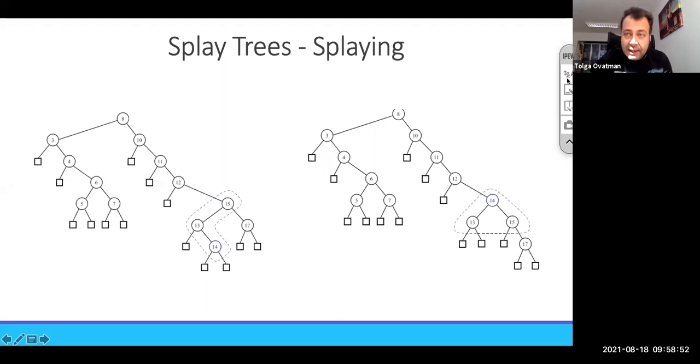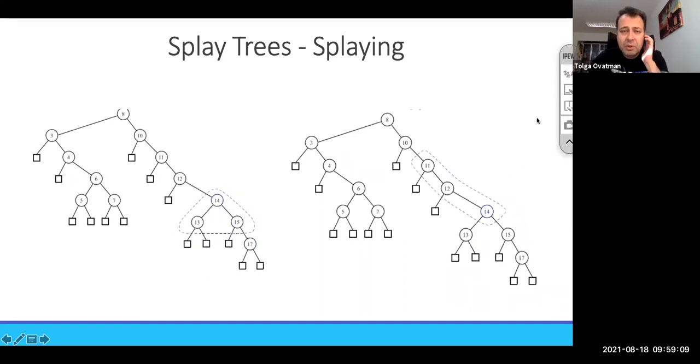But on the other hand, that might have a different advantage. It doesn't do anything in terms of fixing the imbalance, but it might have a different advantage, which I'm going to talk about in a few minutes. So let me continue.